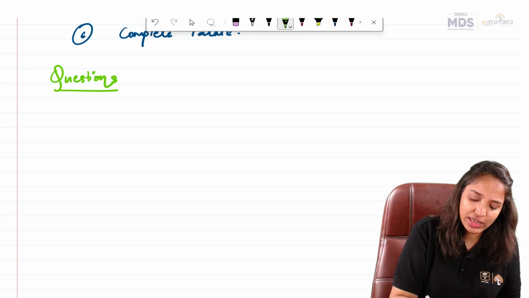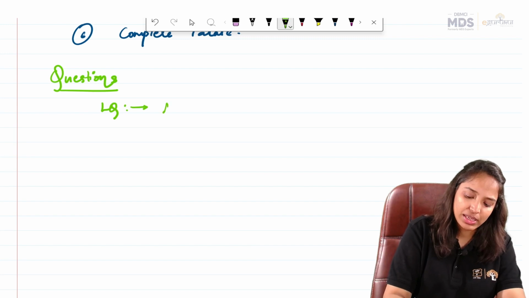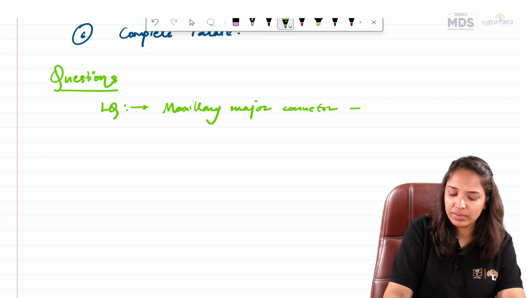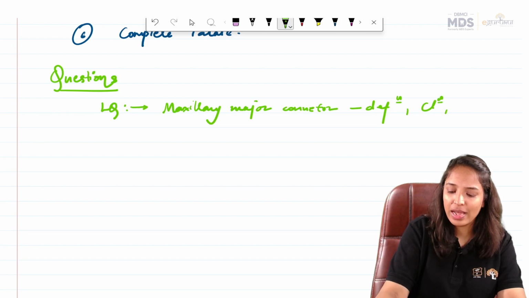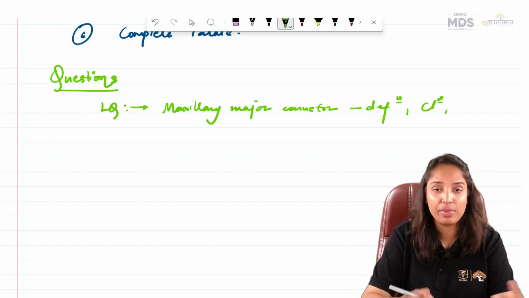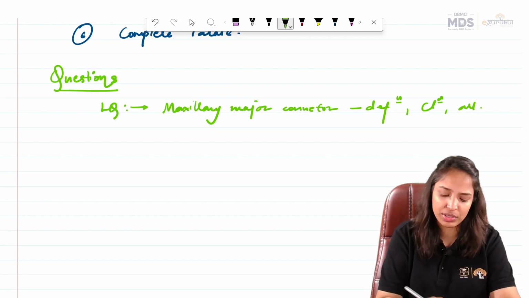The long question that comes in exams for all our university students is maxillary major connectors. You have to describe the definition, classification, and maybe they may ask you to describe 1 or 2 connectors, or maybe all of them in detail if it is a long question.